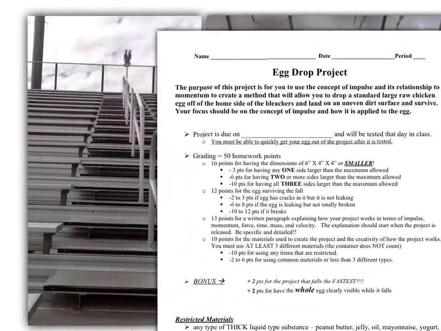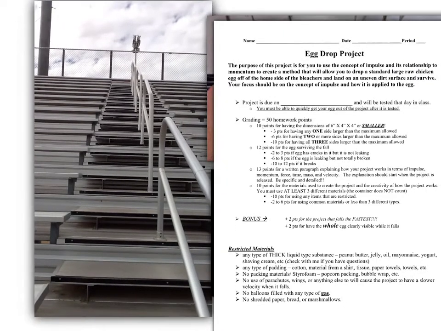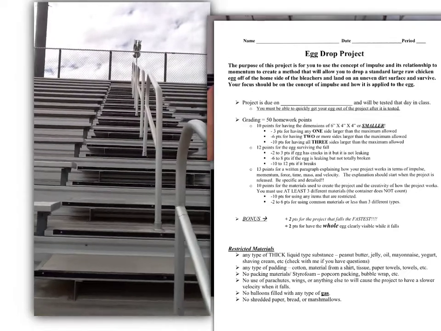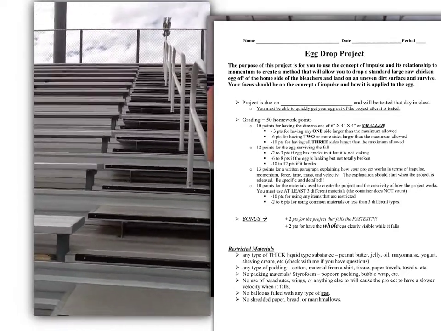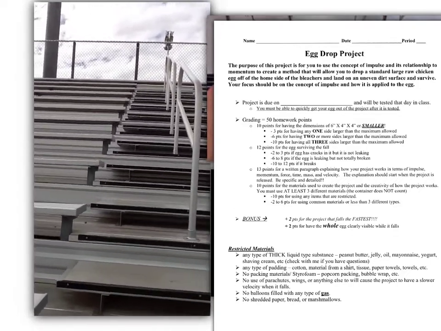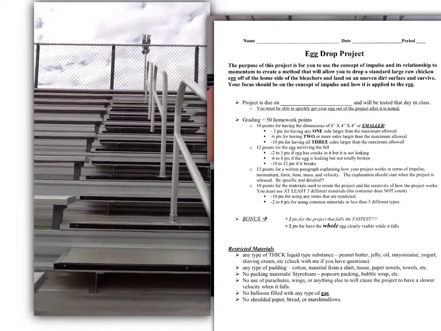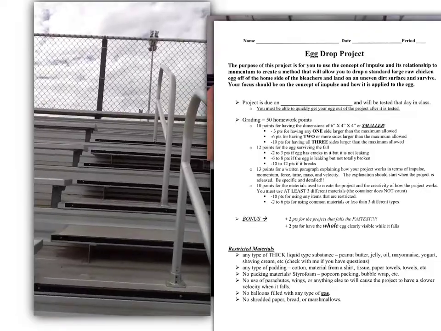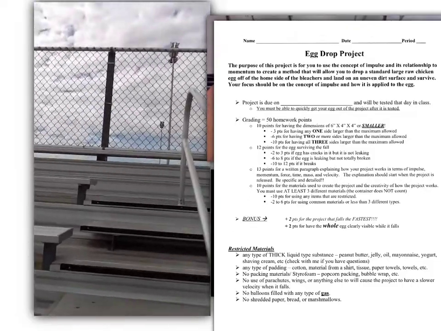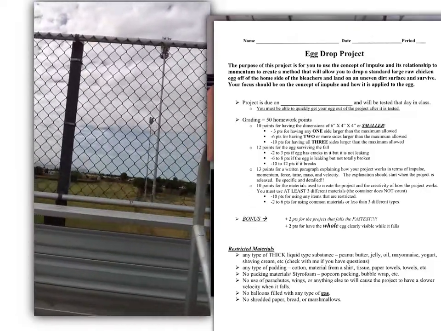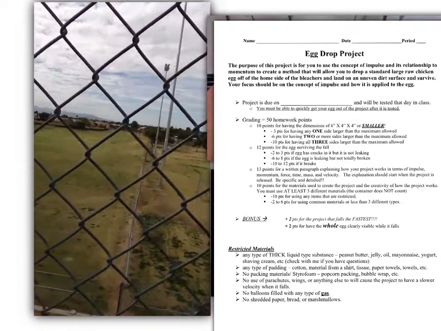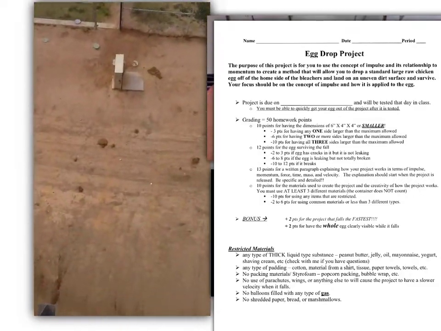So again, we are going to go to the bleachers and we are going to take that long walk up. We're going to use the home side of the bleachers. Once we all get to the top of the bleachers, we're all going to line up along this fence, and then one at a time we are going to drop them over the edge and guess what happens.